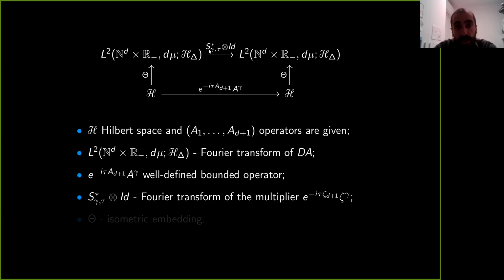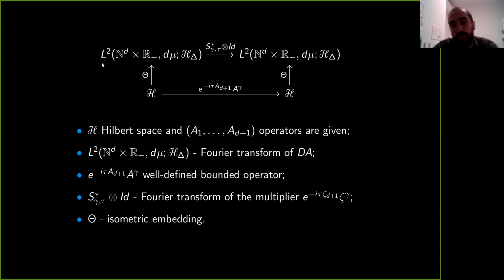This weighted shift operator is the Fourier transform of the multiplier operator associated to this multiplier, and theta is an isometric embedding. So we can represent any such operator which arises from a Siegel dissipative vector of commutative operators as a weighted shift operator on this L2 space.